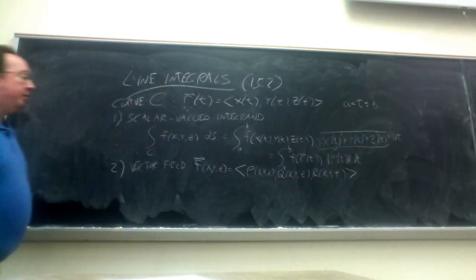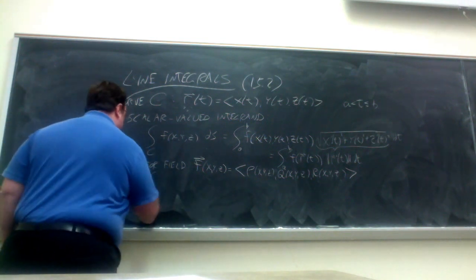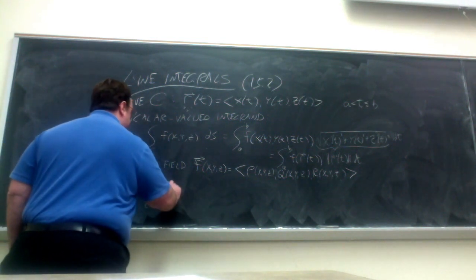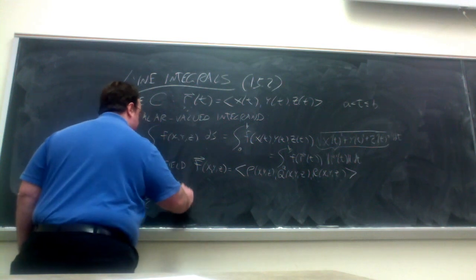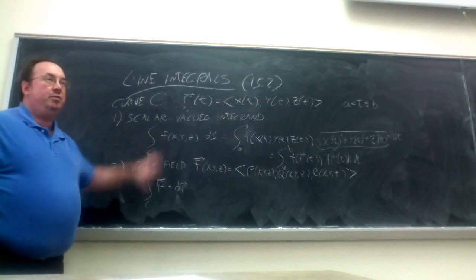So the line integral of a vector field is written this way: F dot, as in dot product, dr. So you can see how differently these are written, so you know which situation is which.